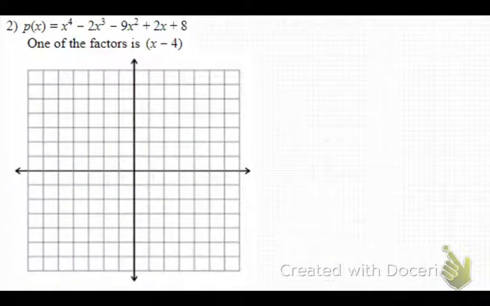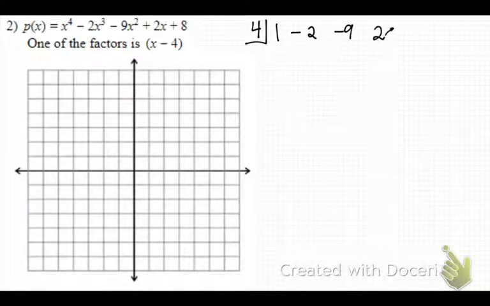Okay, so for number 2, since you had that given, that should have told you to divide, right? Okay, so I have 1, -2, -9, 2, and 8. Whoops, and 8, like that.